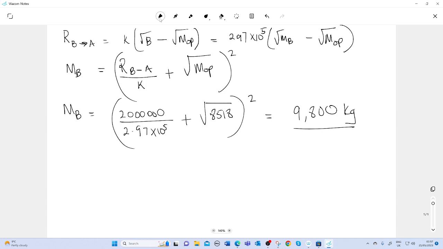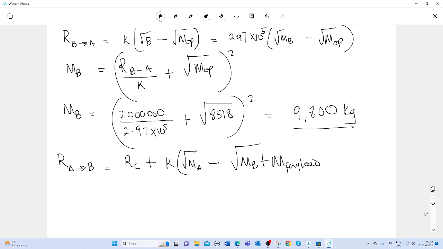Now, the range from A to B equals the distance covered during the climb, plus K, which is the constant of the Breguet equation, multiplied by the root of the mass at A, the initial airport, minus the root of the mass at B plus the mass of the payload before it was dropped by the parachute.